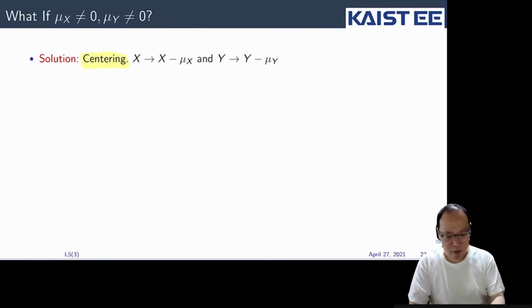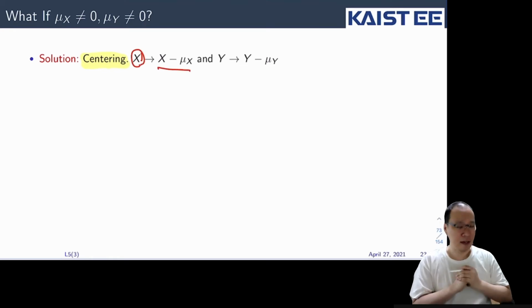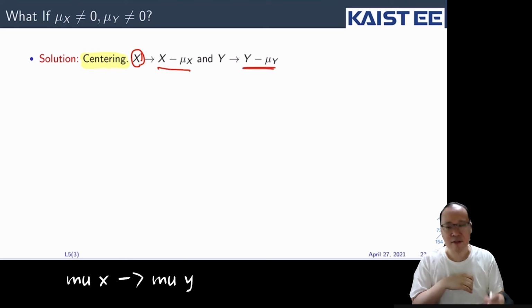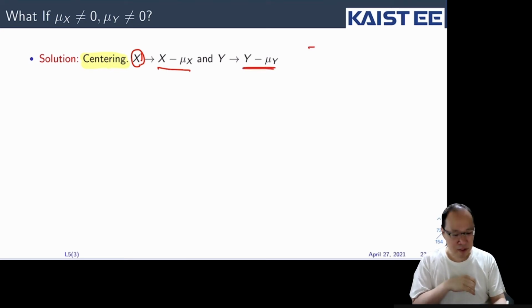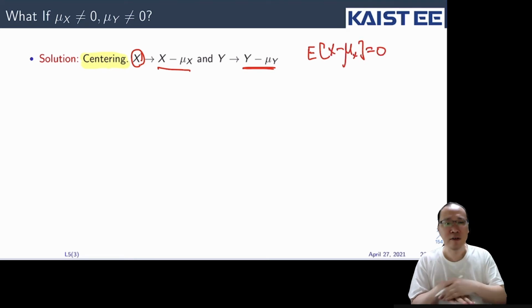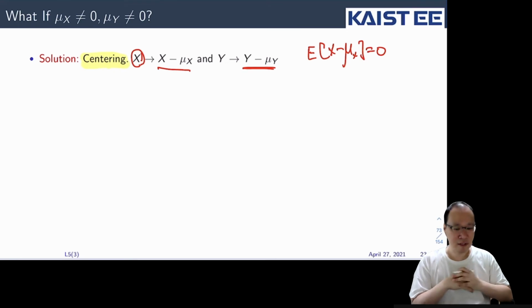What we can do is define centered versions of x and y, like x minus mu x and y minus mu y. Then obviously the expectation of x minus mu x is 0. So we can recover the original simpler cases, and maintain the important properties of the metric that we want to develop.